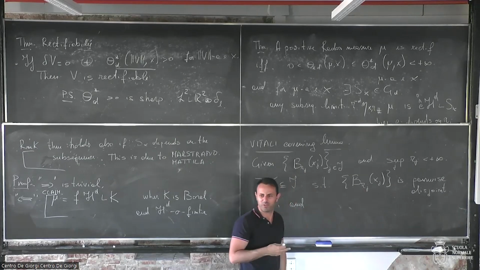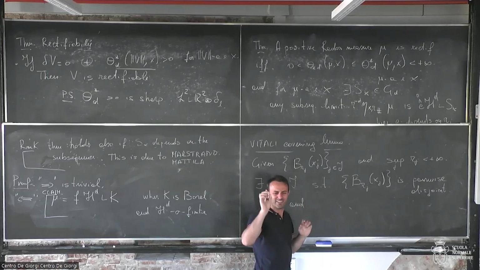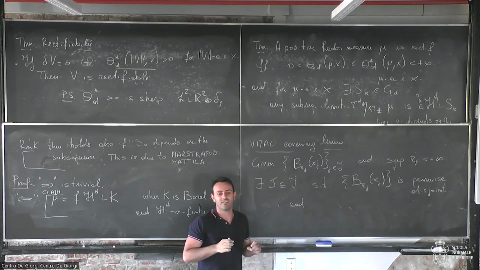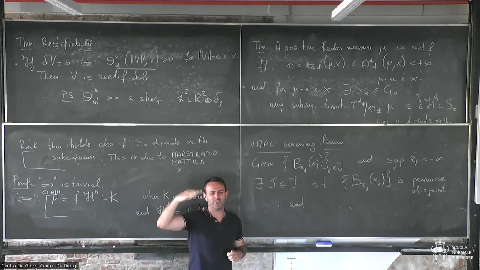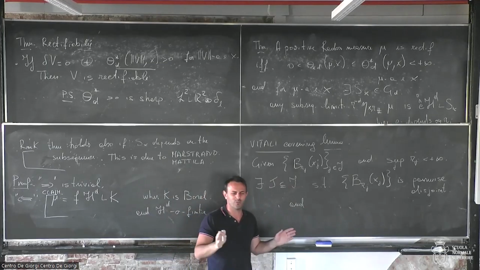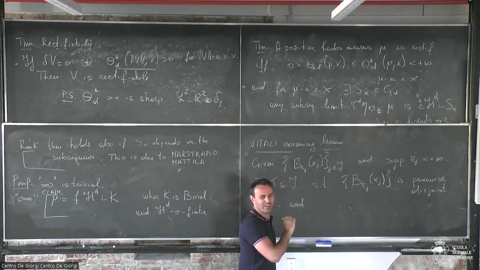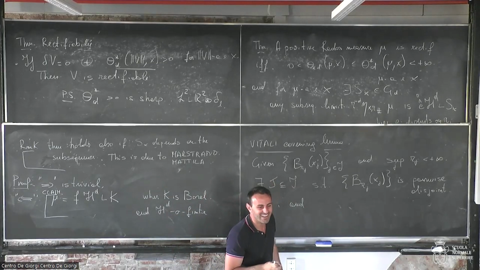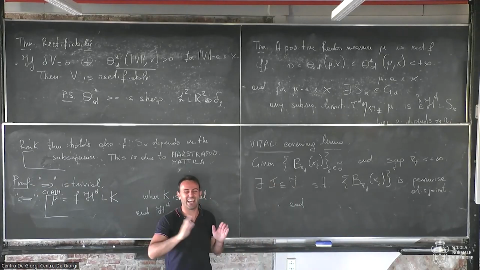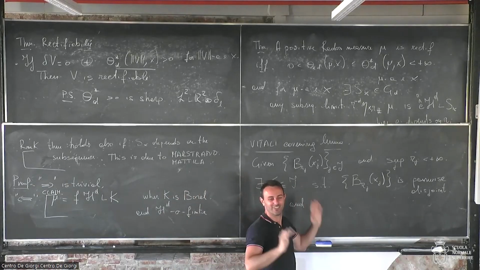5 is not sharp, probably you can do 3, I think. You should go through the proof, and I think you can get even better than 5. Not 1 for sure, but 5 is clearly not sharp.